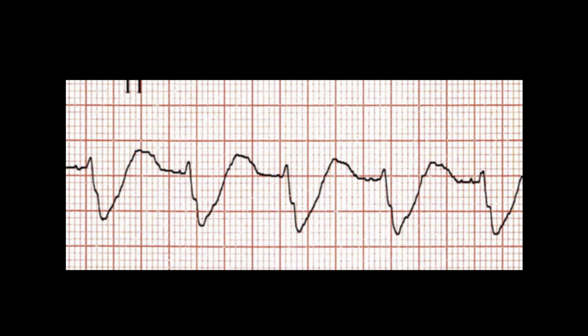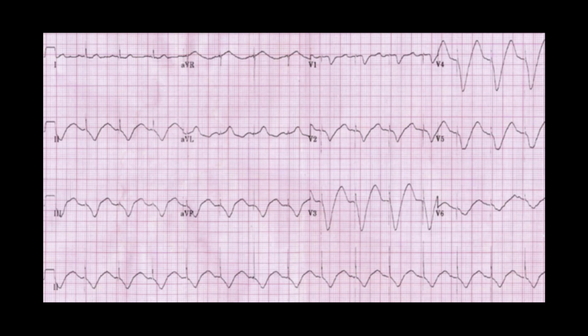Now, as the hyperkalemia worsens, let's say 7.0 milliequivalents per liter, this is generally associated with conduction abnormalities and bradycardia. So you'll have a prolonged QRS interval with a, they say, bizarre QRS morphology.